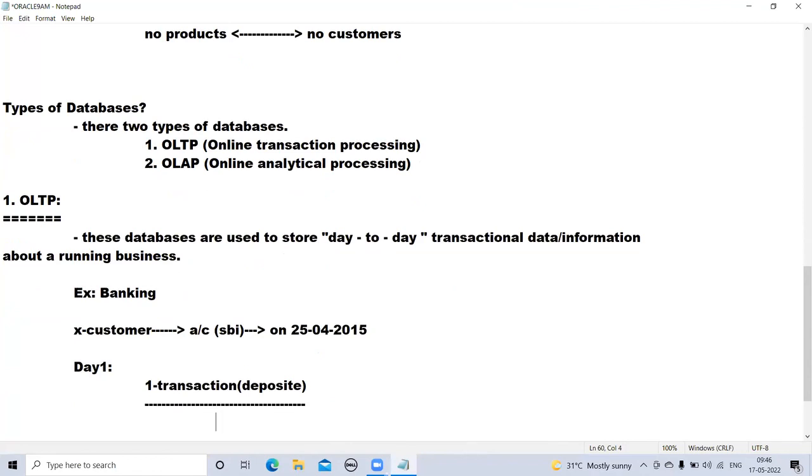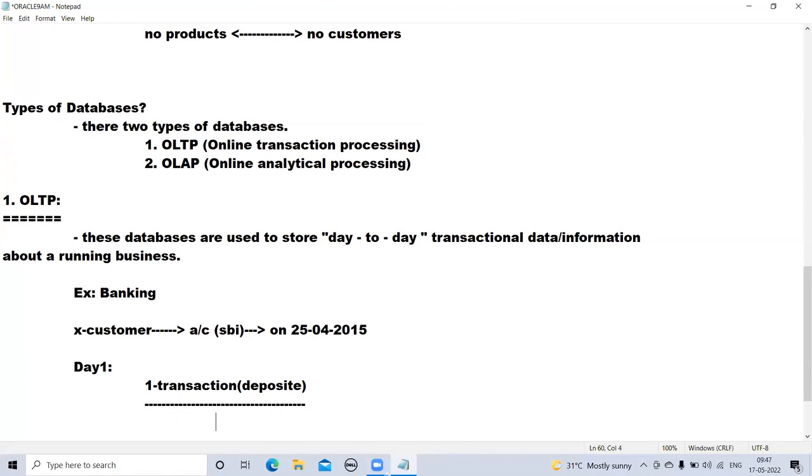Whenever you want to deposit some amount in your account, generally, guys, I already said in my first demo class, every transaction you perform online may be a success or a failure. Then we will get some message.